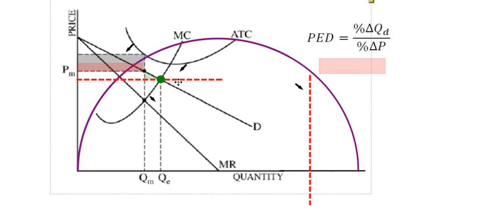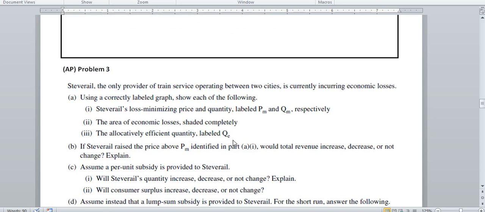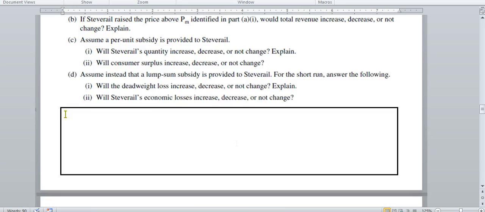If it's a lump sum subsidy, you're only shifting your average total cost curve, which is going to shift maybe to here. Lower your losses, but not change your deadweight loss at all, because your marginal cost curve stays where it is. Okay, and I believe that takes care of everything for problem 3.